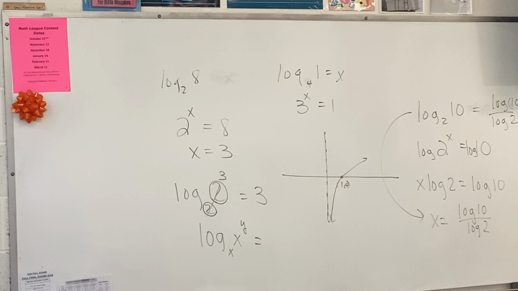And then, what's 10 to the 7th? 10 million. So if we want 17 million, we need to be more than 10 to the 7th, don't we? What's 10 to the 8th? 100 million? So we're above 10 to the 7th, close to 10 to the 7th. A lot closer to 10 to the 7th than 10 to the 8th.